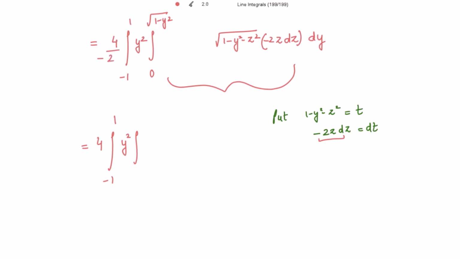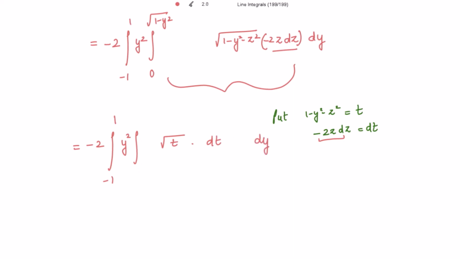So here I get minus 2, right? Okay. So writing this as square root of t, and this becomes dt, and this is dy.